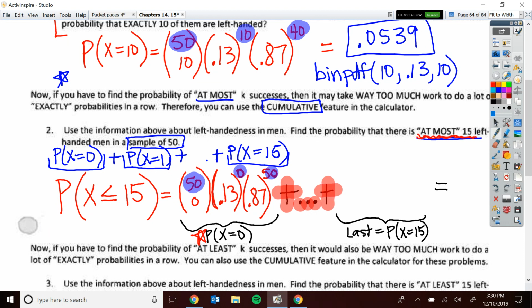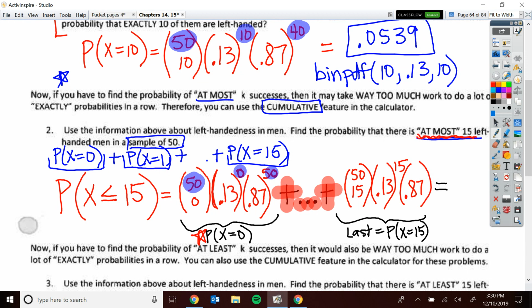So here we go. So the last in the sequence is up to the 15 successes. So out of 50, I have 15 successes. So that's your 0.13 to 15 successes. 0.87.